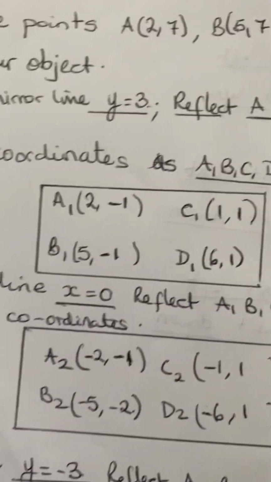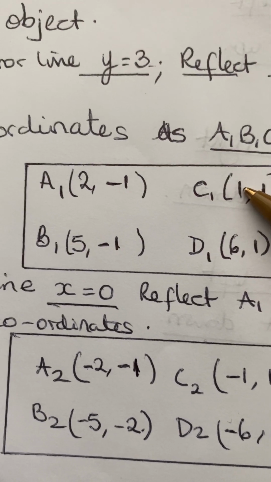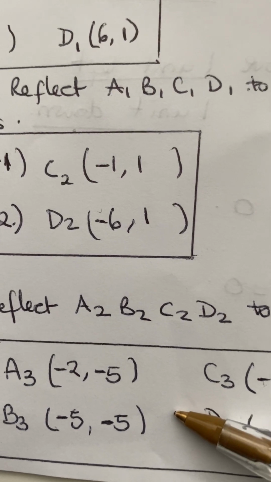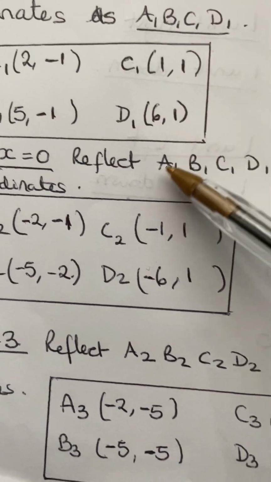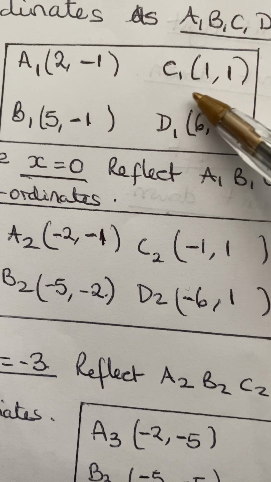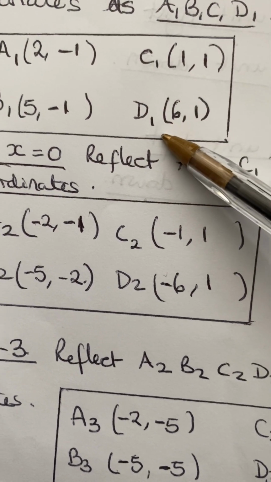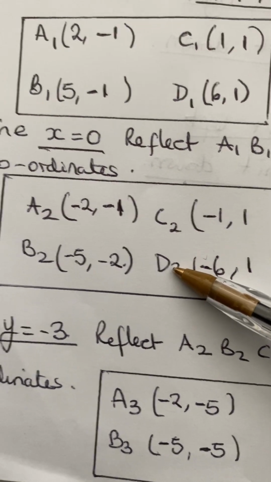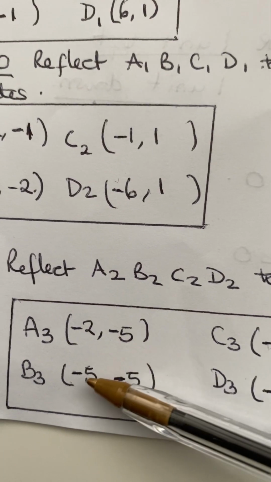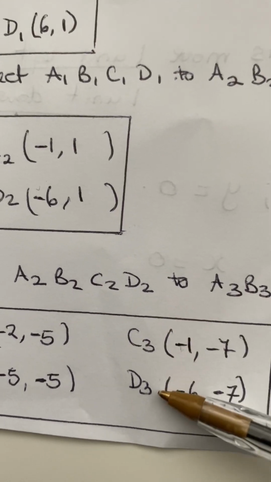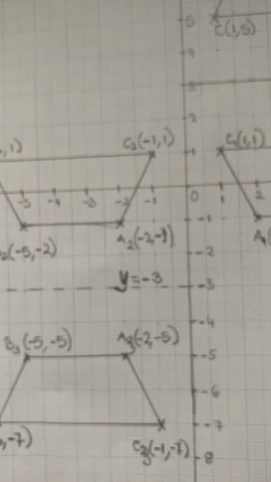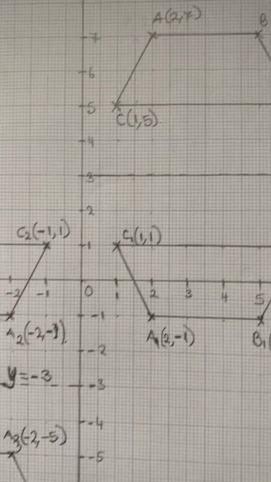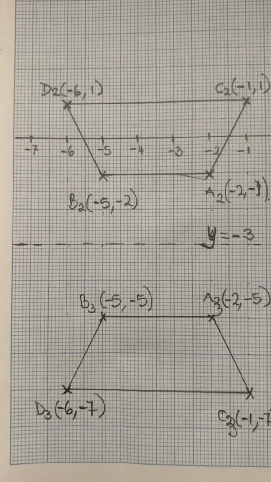So we've listed coordinates A1, B1, C1, D1, A2, B2, C2, D2, A3, B3, C3 and D3, and we've drawn them on the graph. We've done the reflection on the graph.